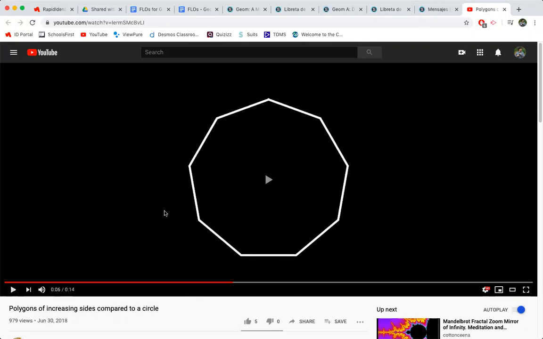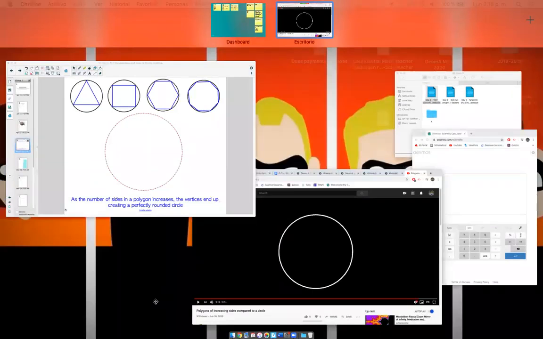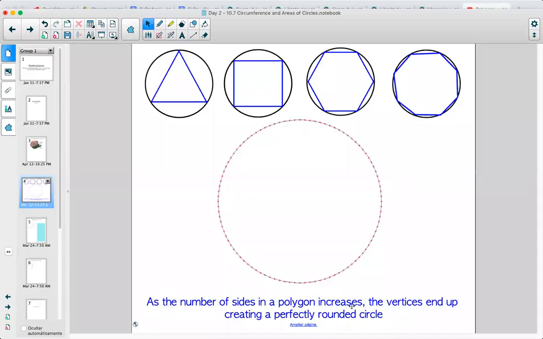Again, notice how these vertices are all getting closer, eventually becoming a circle. So coming back to this statement, as the number of sides in the polygon increases, the vertices end up creating a perfectly round circle, just like we saw in the video.